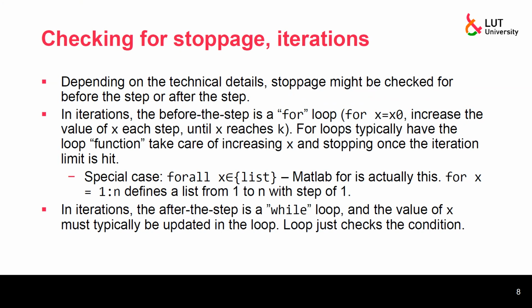Then we typically increment or check before the step that it is still valid. And then there's also the after step: while this condition is true, keep on doing, and then after the step check that it's still true.